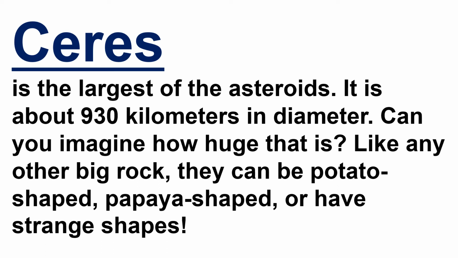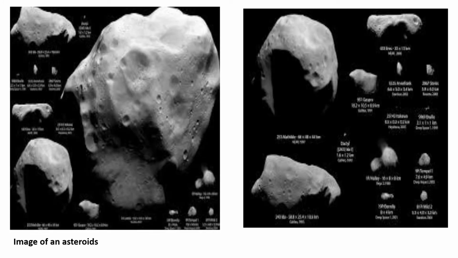Like any other big rock, they can be potato-shaped, papaya-shaped, or have strange shapes. So again, the size of an asteroid may vary. It could be small or even larger, and the shape also forms in many shapes. Now, take a look at the image of an asteroid.